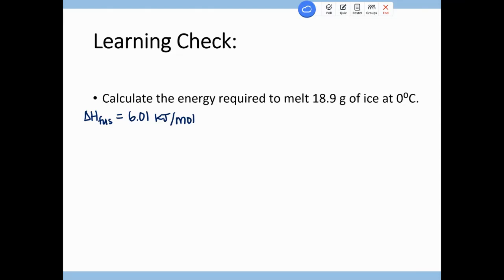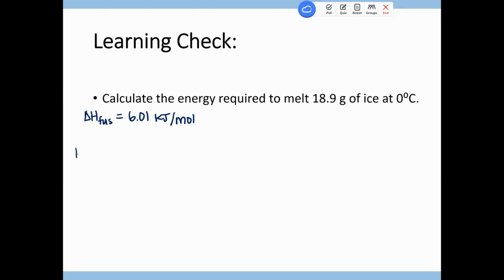So how can we find the amount of energy, or kilojoules, required to melt 18.9 grams? We are taking the mass of water, and we need to convert it to moles of water. Then we can just multiply by the heat of fusion, and we'll get kilojoules.